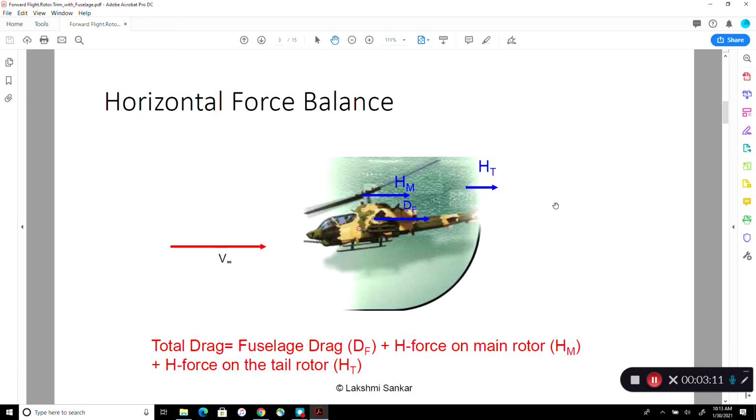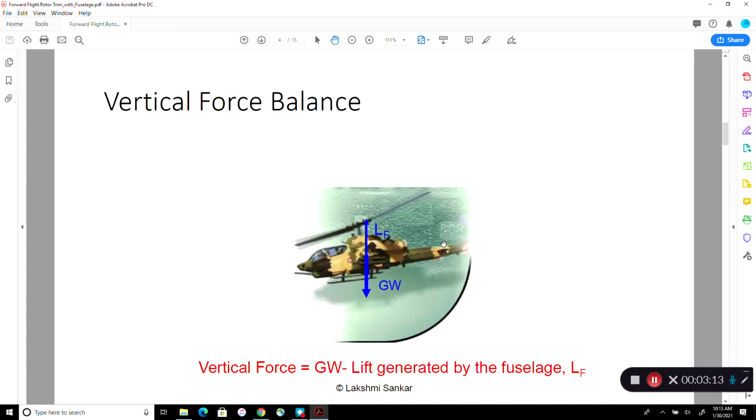How about lift? This is the lift produced by the fuselage. We will assume it's at the centroid here, the center of gravity here. This includes the fuselage lift and any empennage lift. If you have a small horizontal tail located in here, it is producing an upward directed lift.